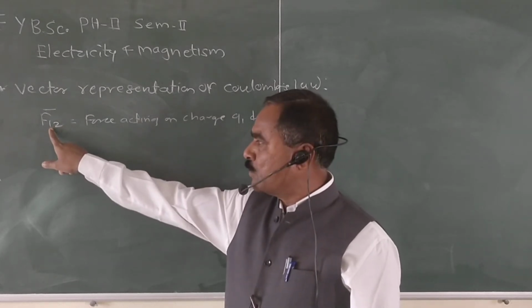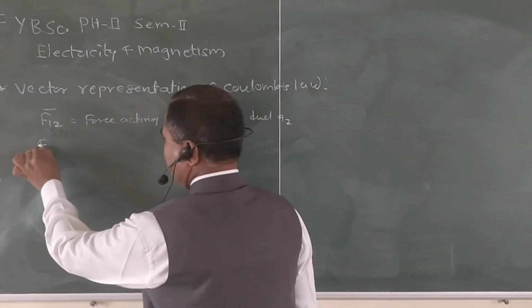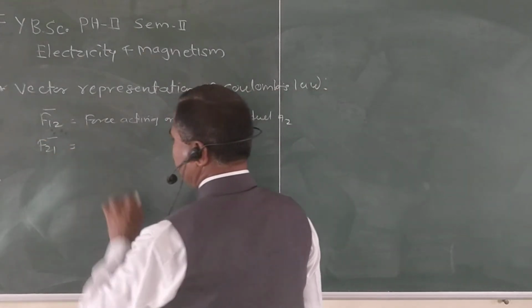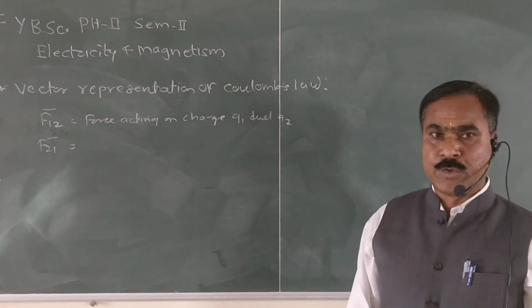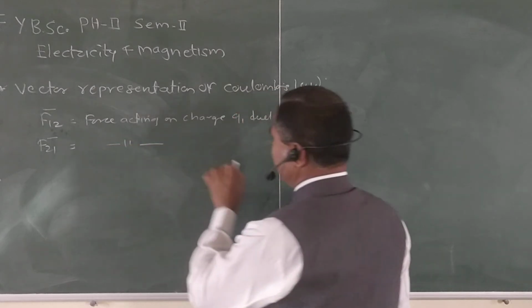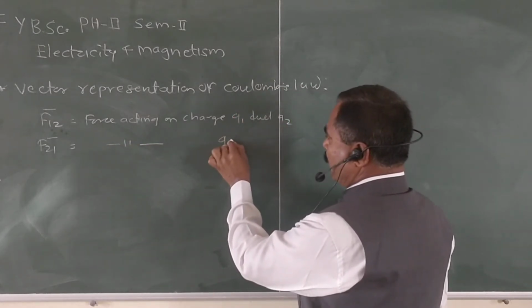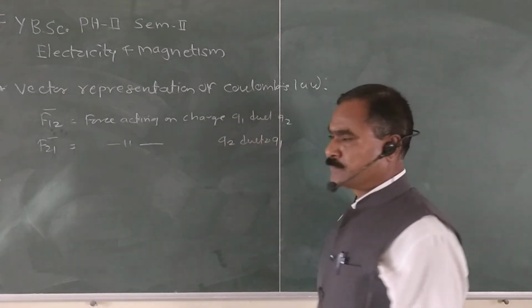The second is F21 bar, which is equal to the force acting on charge Q2 due to Q1.